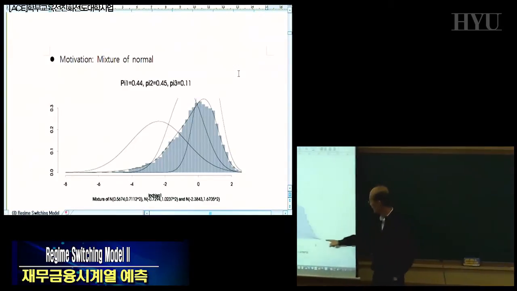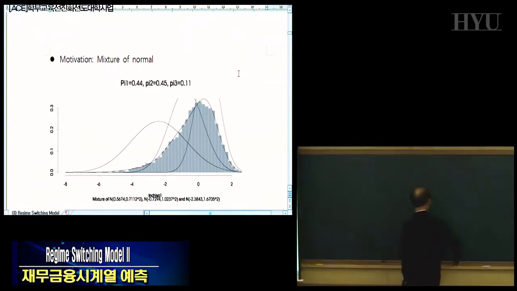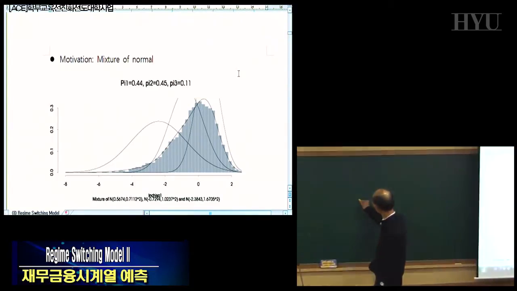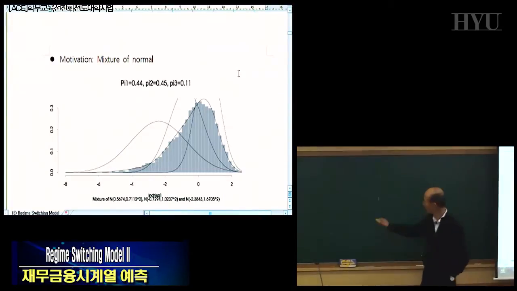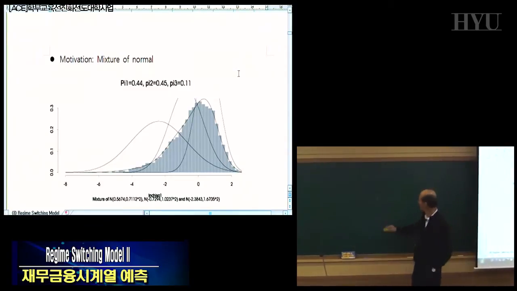Actually, the way I drew those numbers that yielded this histogram is I drew some number from the standard normal distribution, and I square it.